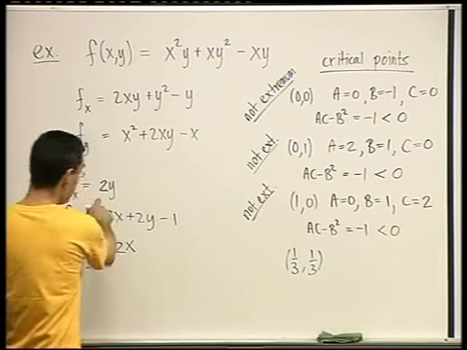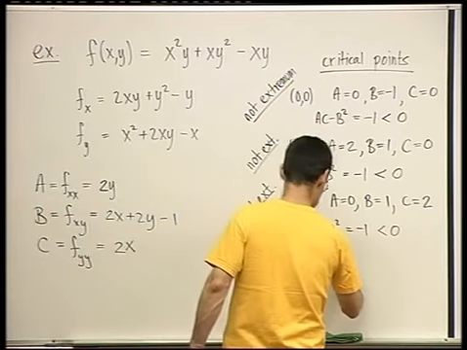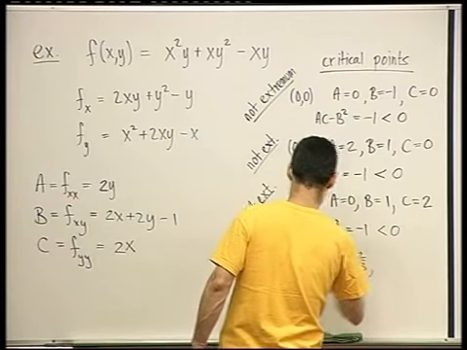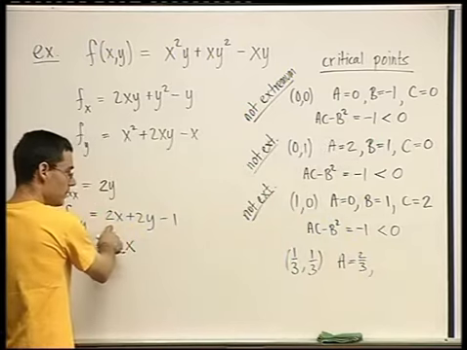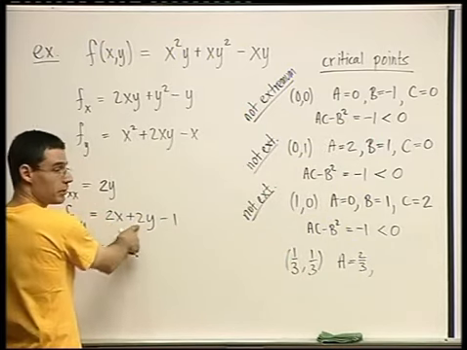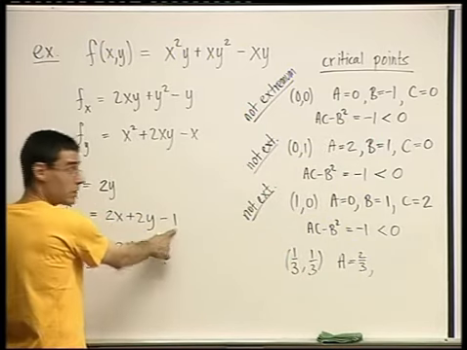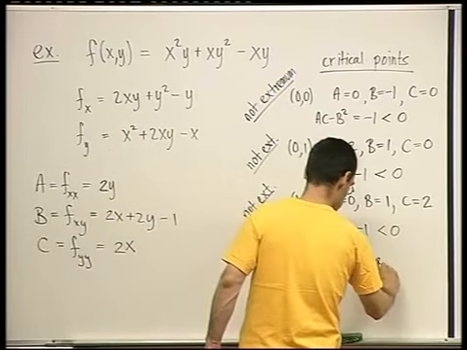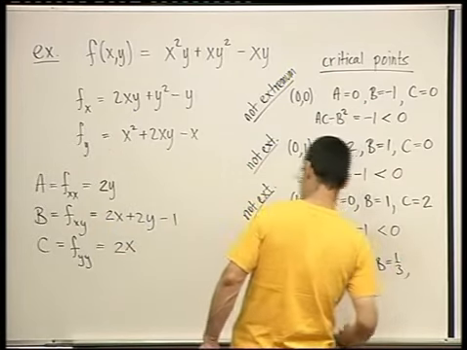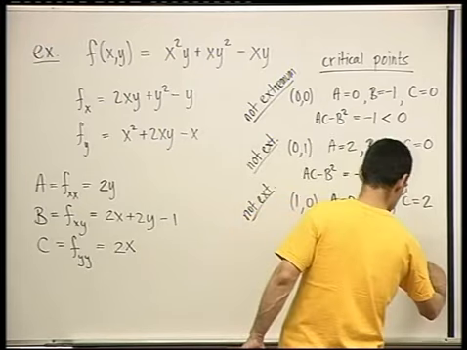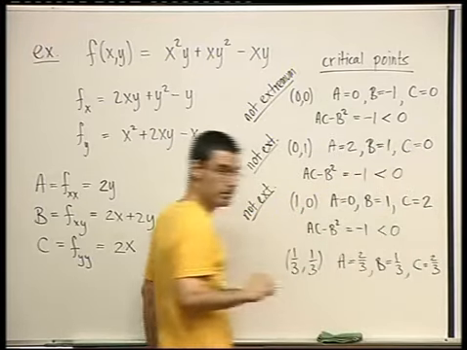So what is a? A is 2/3. B is 2/3 plus 2/3. That's 4/3 minus 3/3. B is 1/3. And c is 2/3 as well. Good?